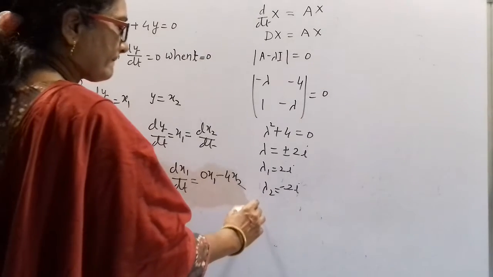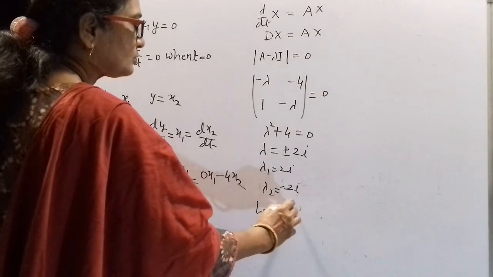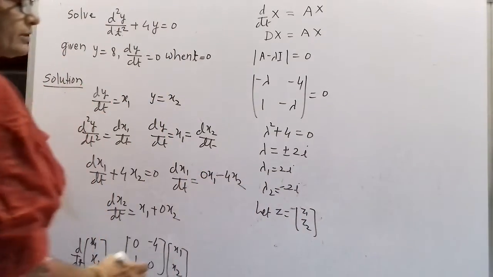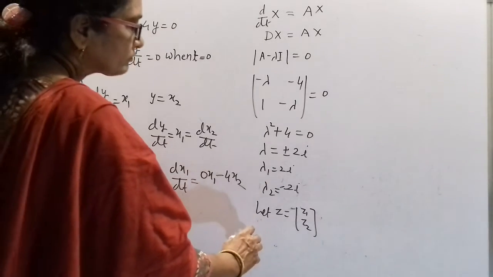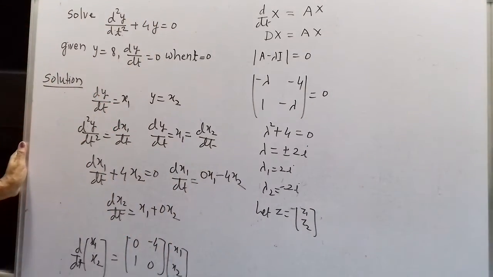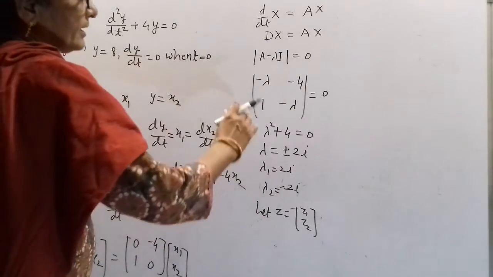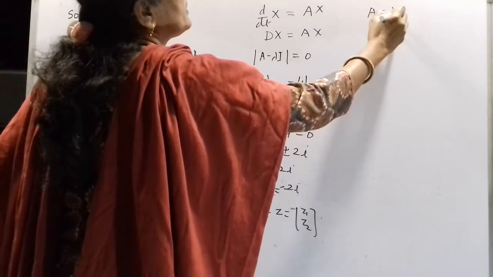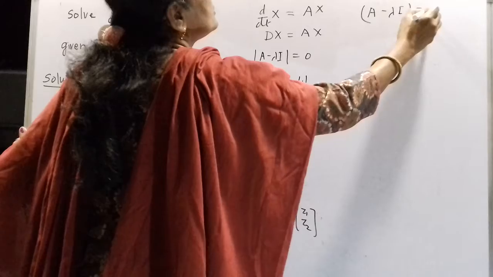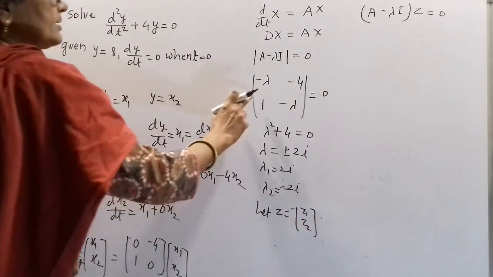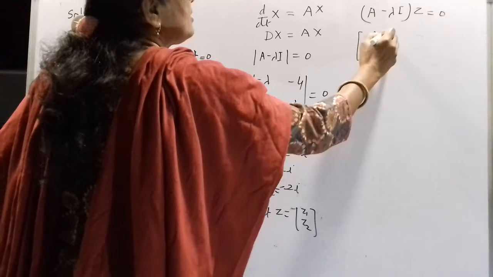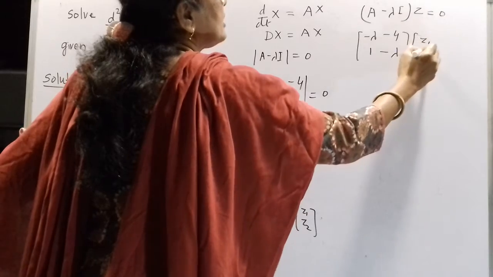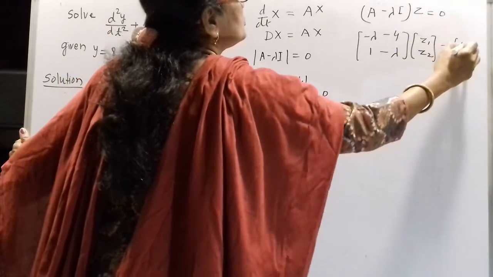So let Z = [Z1, Z2] be the eigenvector such that (A − λI)Z = 0. So [[−λ, −4], [1, −λ]] times [Z1, Z2] = [0, 0].